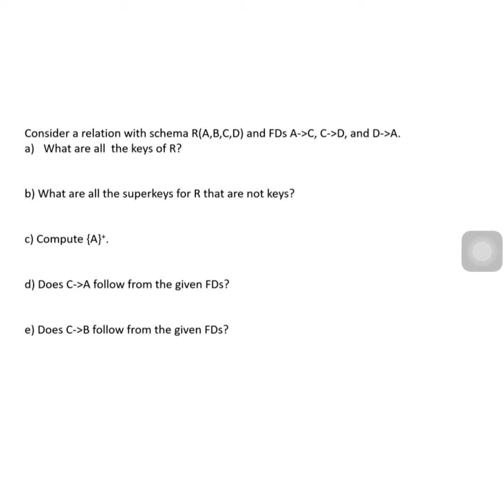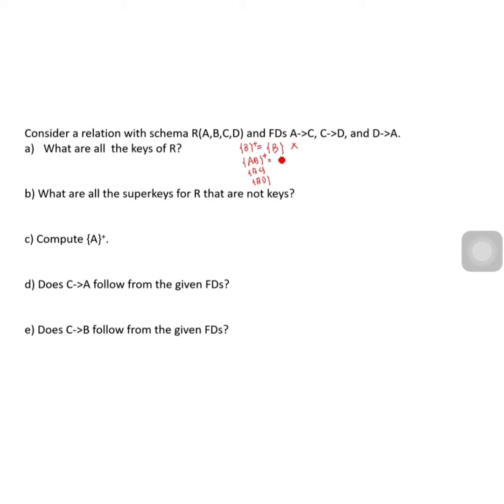So if we want to find keys, we can just compute the combinations including B. Now let's compute the closure of B. The basis is B. The closure of B is B. So B is not the key. Now let's add an attribute to it: AB, BC, and BD.